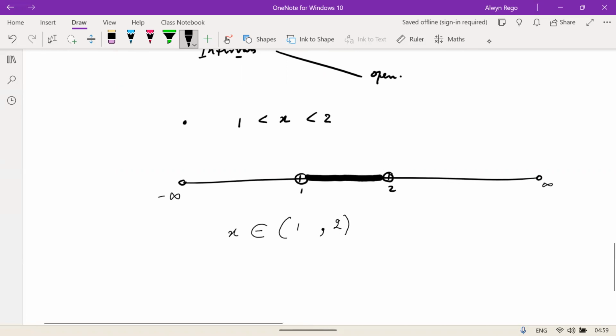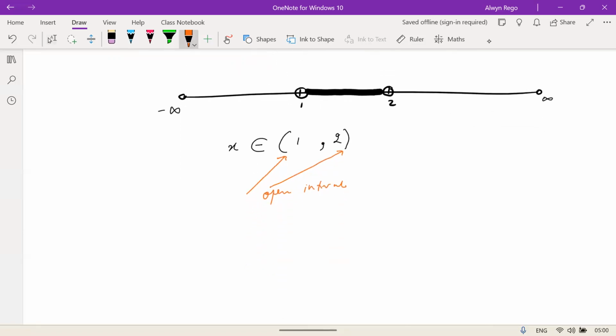The round brackets here are read as open interval. These are used for open interval. Open interval is an interval of real numbers, set of real numbers between the two given points, but excluding the end values. So open 1 and 2.